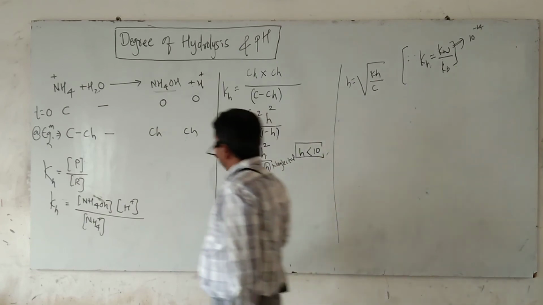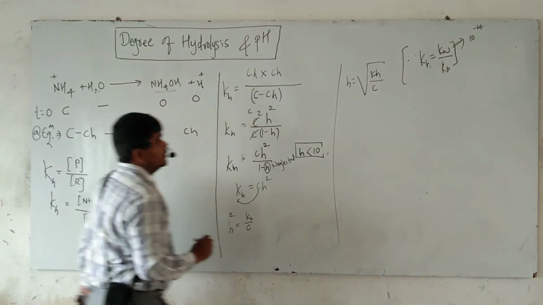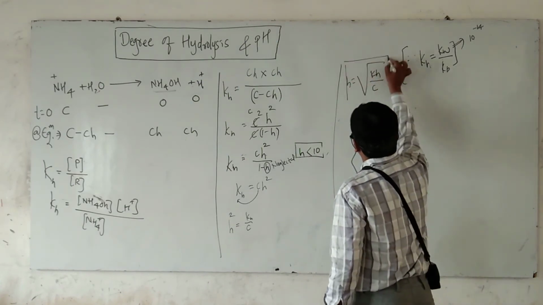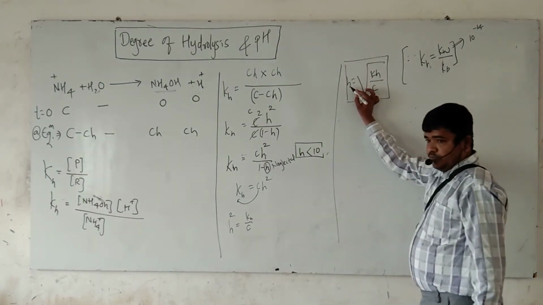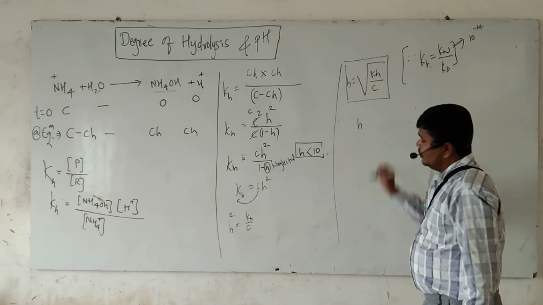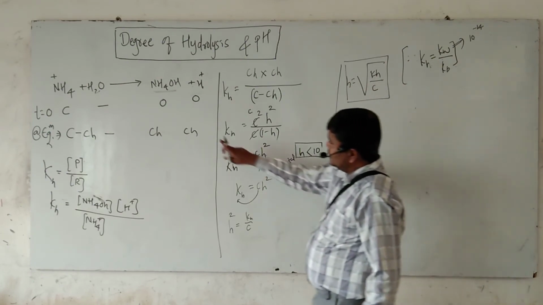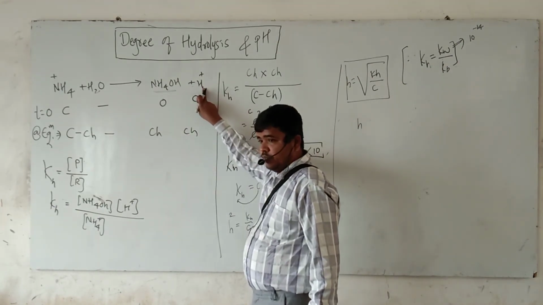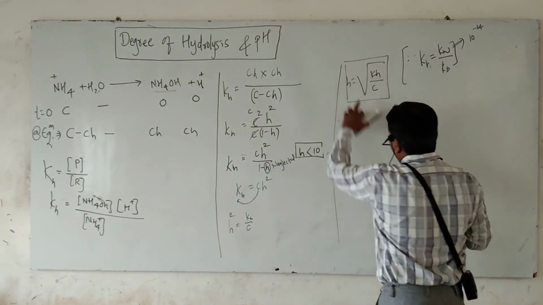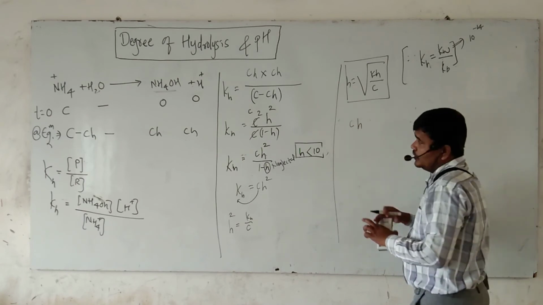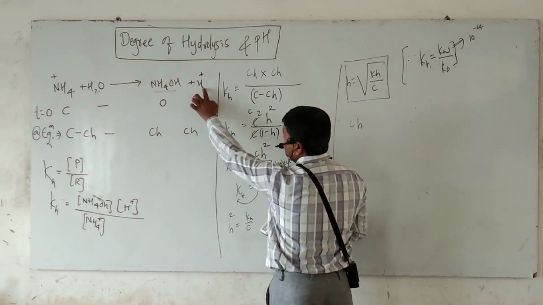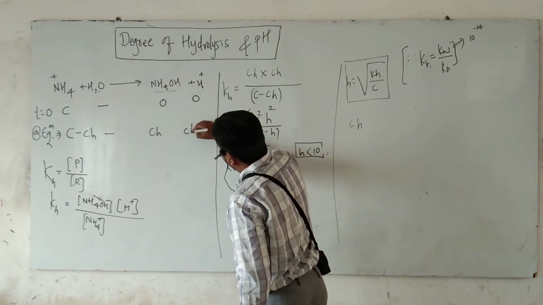Now, see, the last equation we got is H is equal to square root of KH upon C. Once you get H, multiply this H with C. What will you get? H plus. What is CH? CH is the concentration of H plus.